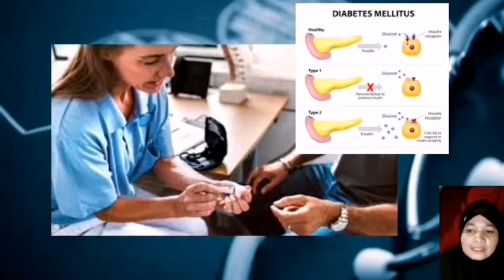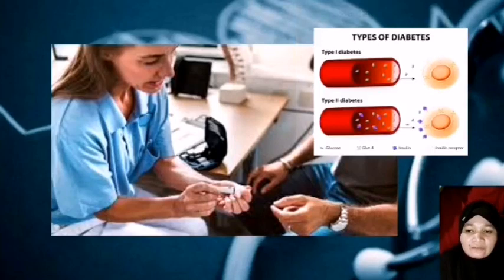So, fasting blood sugar. A blood sample will be taken after an overnight fast. Blood sugar level less than 100 mg per dL, 5.6 mmol/L is normal.